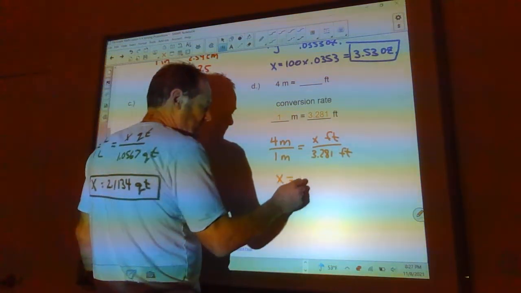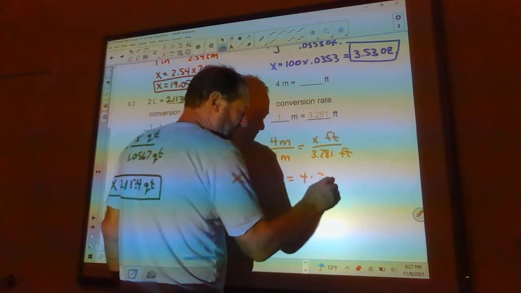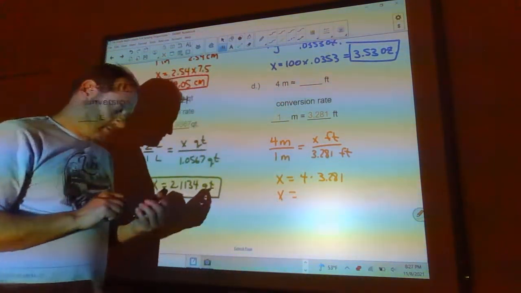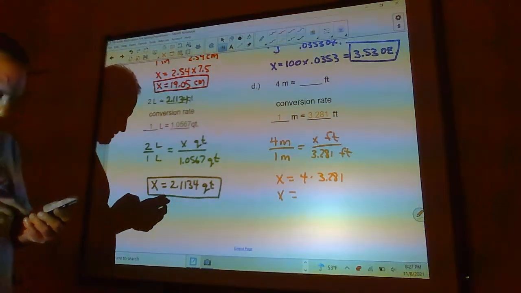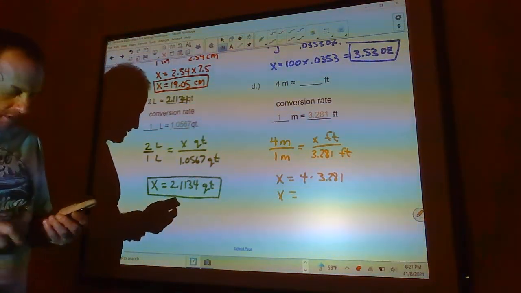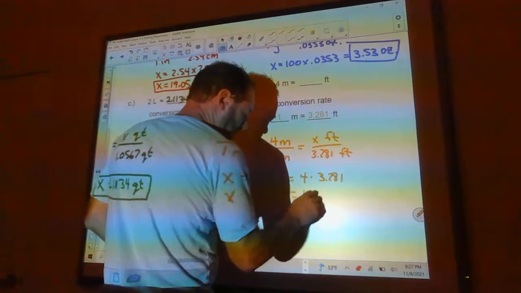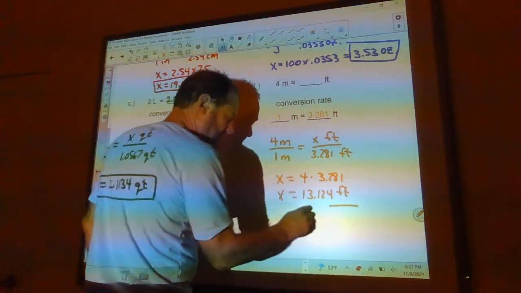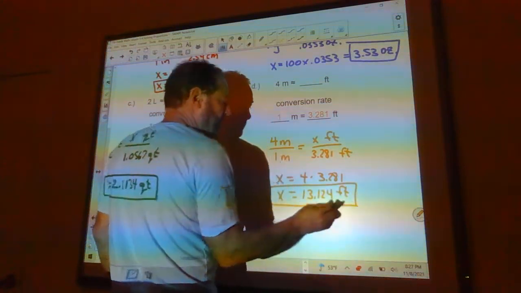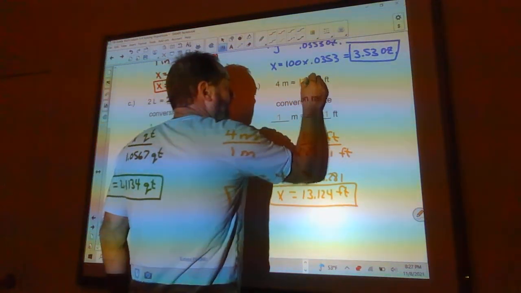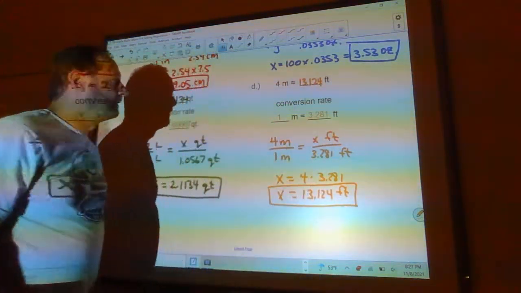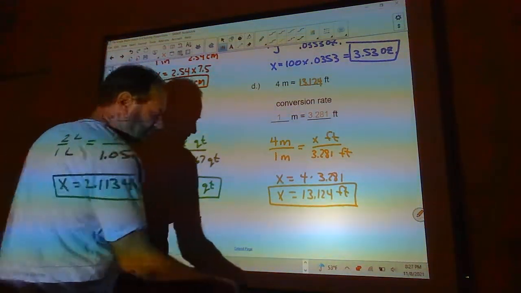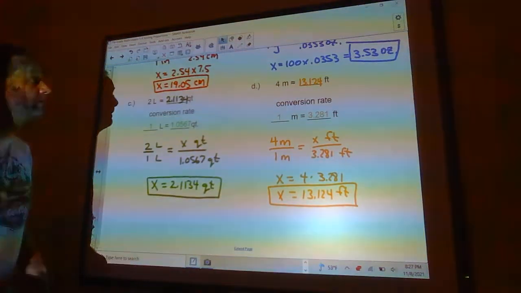And now x is going to be 4 times 3.281. That's 13.124, and that's in feet. So I'll go ahead and write that up here on the line. So there we go. We converted a bunch of units.